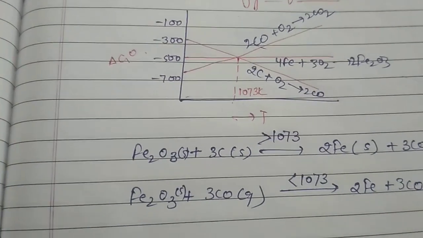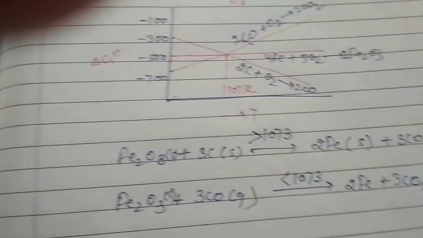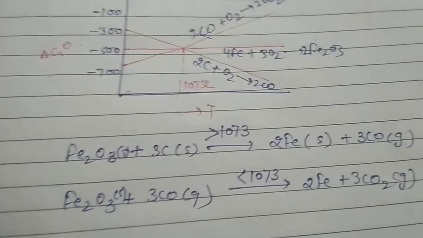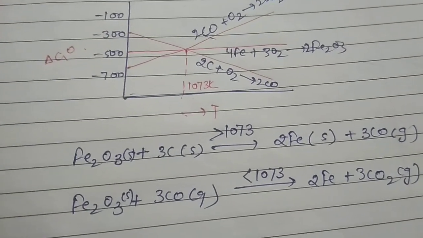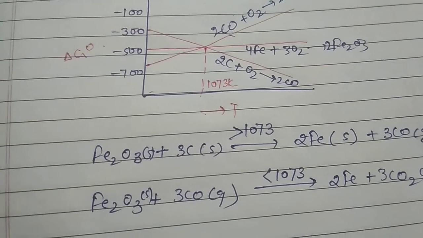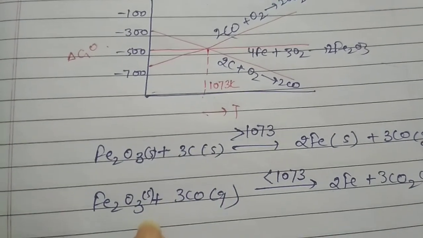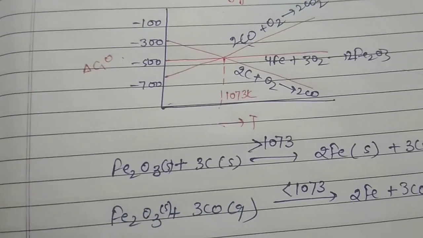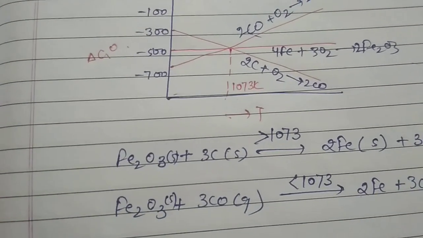As here we are able to see, and I have already told you yesterday also, that in the Ellingham diagram the metal that is below any of the graph or lower in the graph can reduce the metal oxide that is above it.